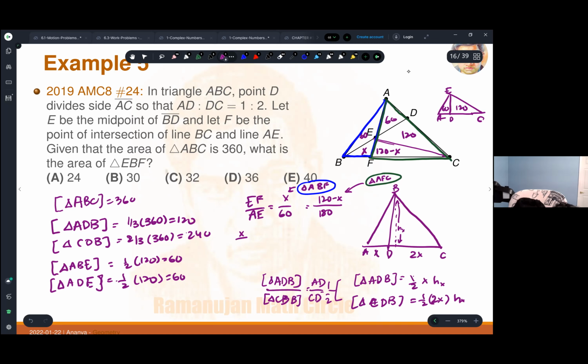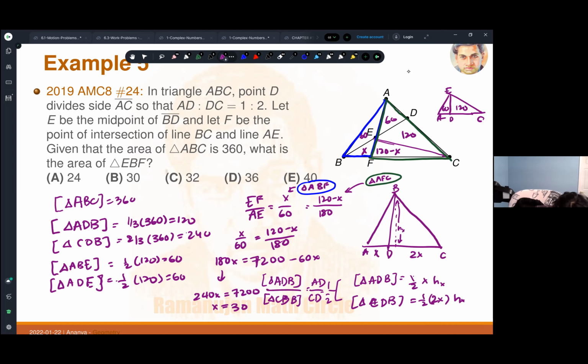So now we have a proportion, right? And now it's simple algebra. So you cross multiply, you get 180x is equal to 7200 minus 60x. So it's 240x is equal to 7200, x is equal to 30. They're asking for the area of EBF, and that's what we're looking for, x, so it's 30.